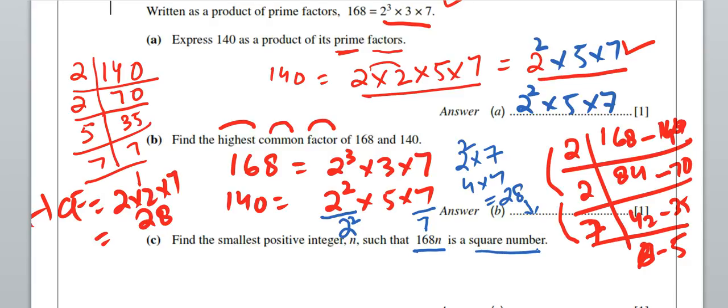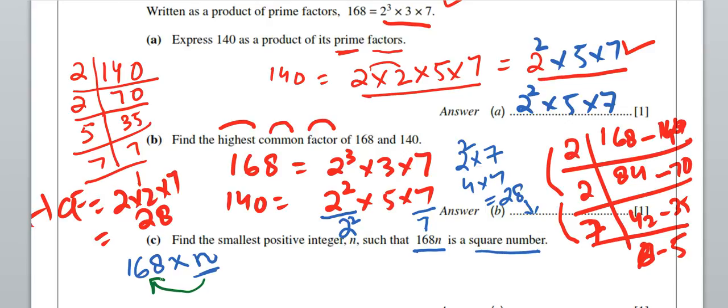First try to understand that 168n means 168 multiplied by some number. Here n is a number such that when we multiply n by 168, the result would be a square number.